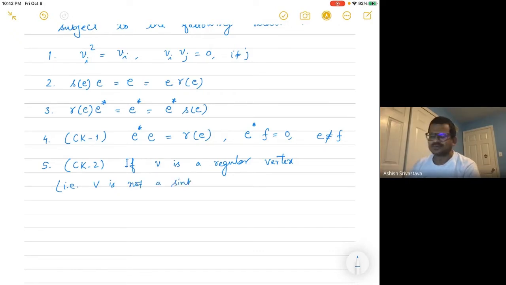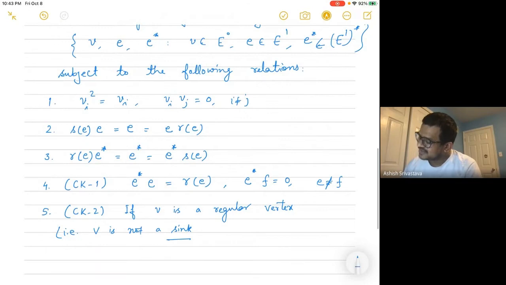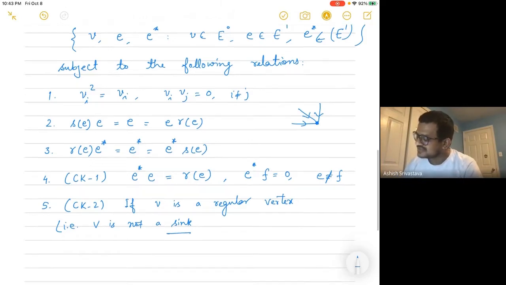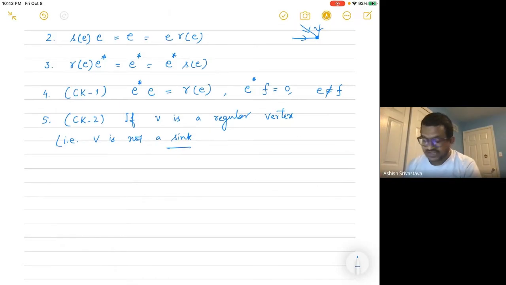In graph theory, most of the terminology, the choice of words, is self-explanatory. Sink means what? You have a vertex where all the edges get into this, but no edge gets out of it. So it doesn't emit any edge, so you call this a sink. A regular vertex means it is not a sink.